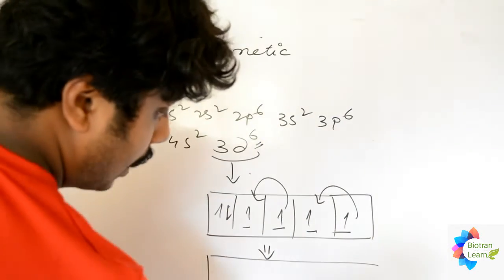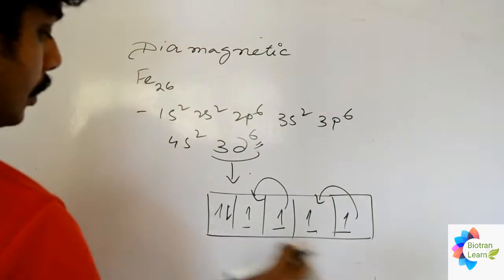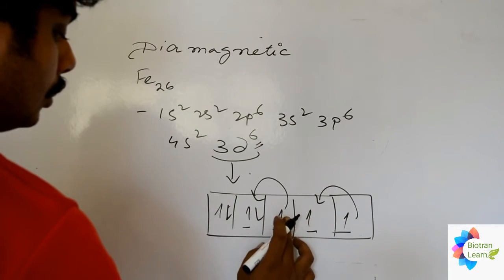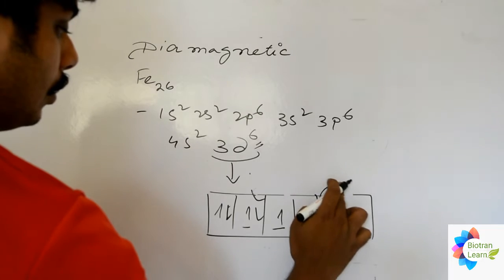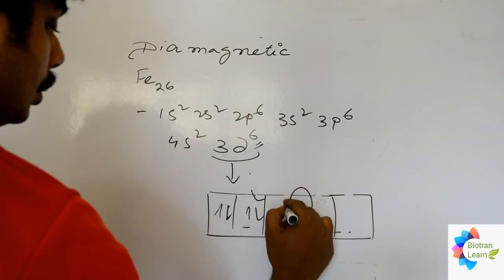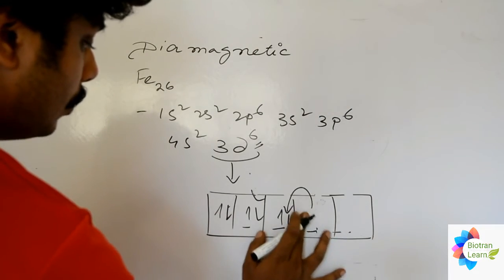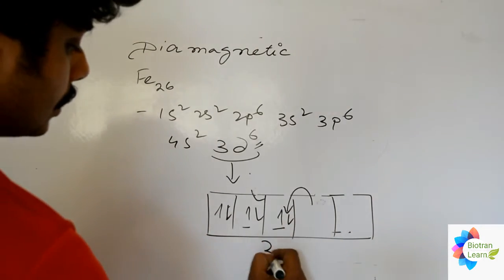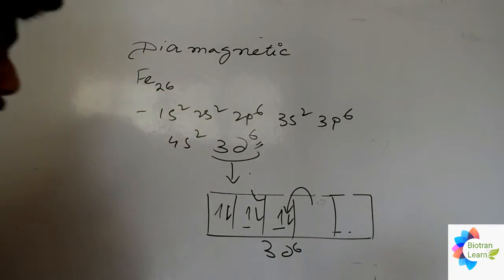Now what would happen in this case? Then it will be this one, and now this one will be placed in here. It will form a 3d6 configuration. So what is diamagnetic?